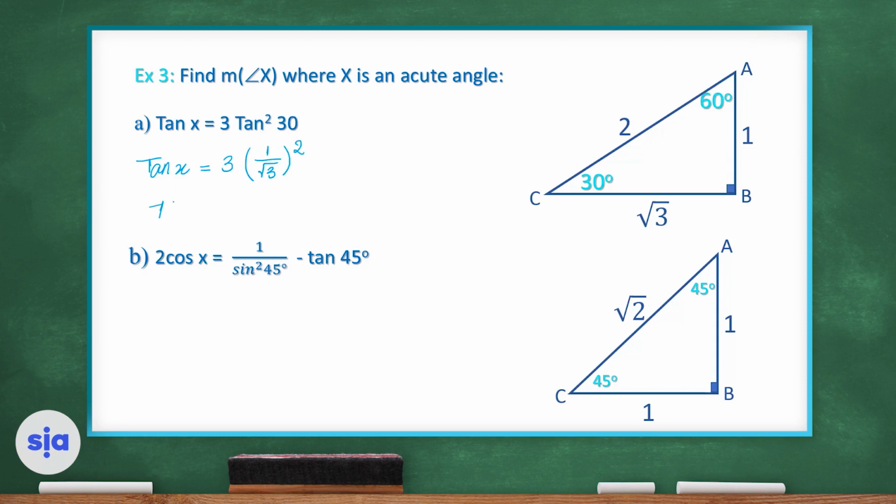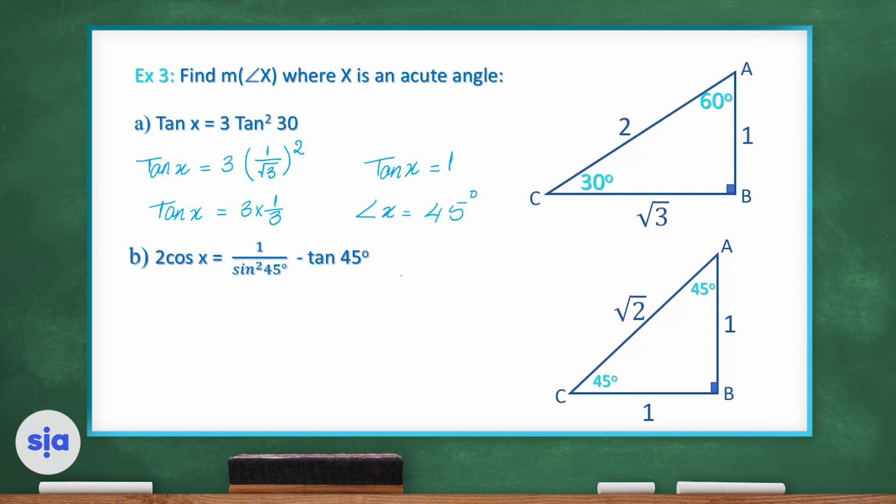So tan x equals 3 times 1 over 3, then tan x equals 1. Tan of what angle equals 1? Yes, you guys are right. So angle x equals 45 degrees.